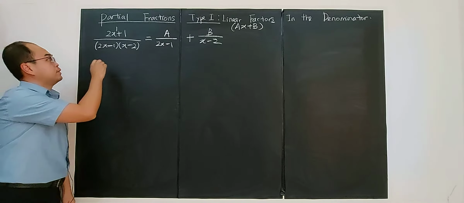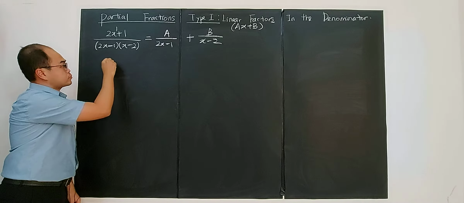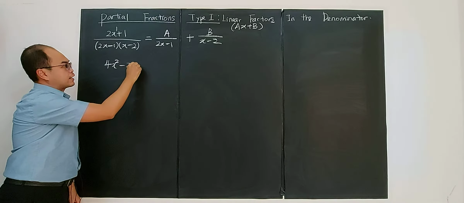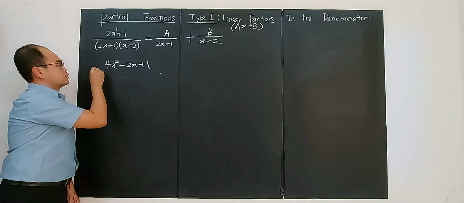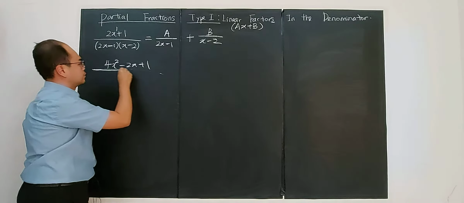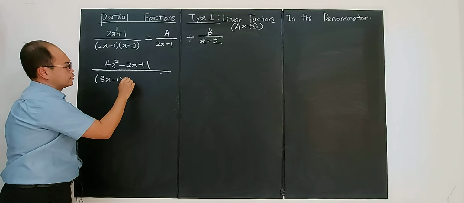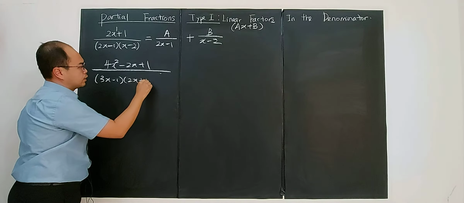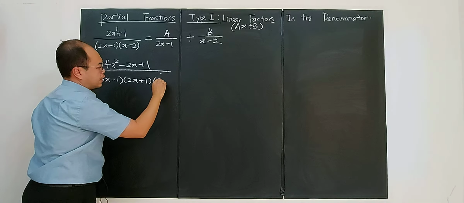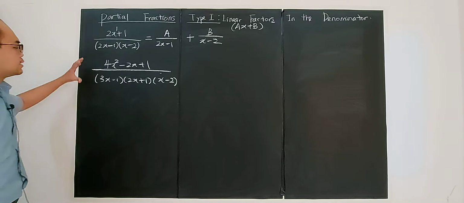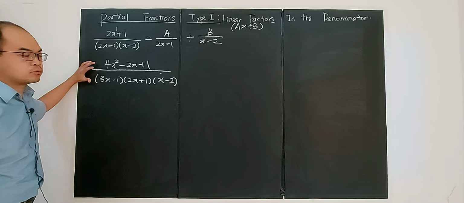So, for example, if I have 4x squared minus 2x over 3x minus 1, 2x plus 1, x minus 2. If you look at this one, this is a proper rational function. Why?